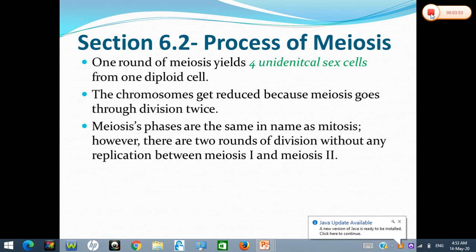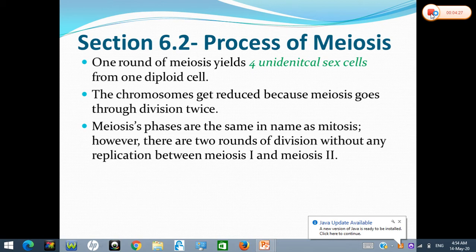So you may find in some scientific books that they call meiosis division the reduction division. Why? Because it reduces the number of chromosomes, in the case of human beings, from 46 to 23 chromosomes.